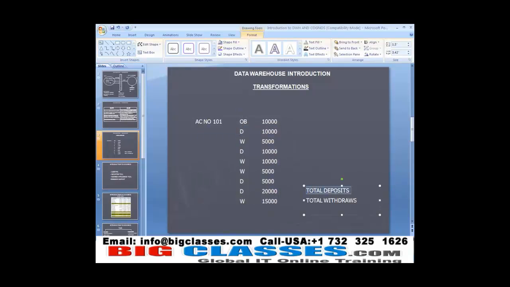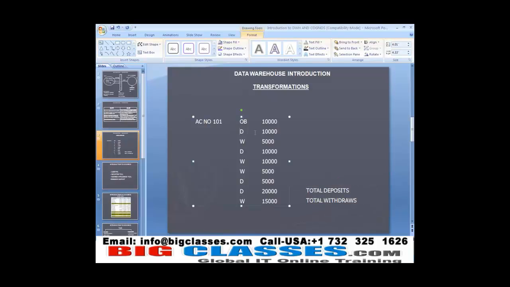We are maintaining only the required information which is useful for our analysis. In OLAP, we maintain only consolidated and aggregated information.